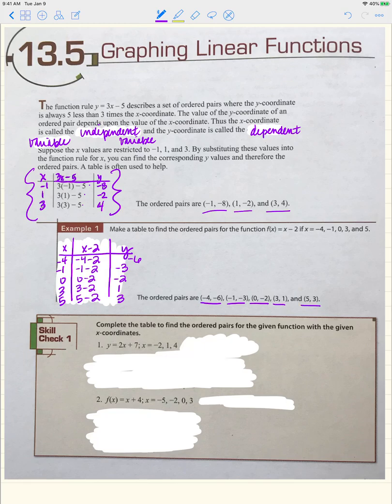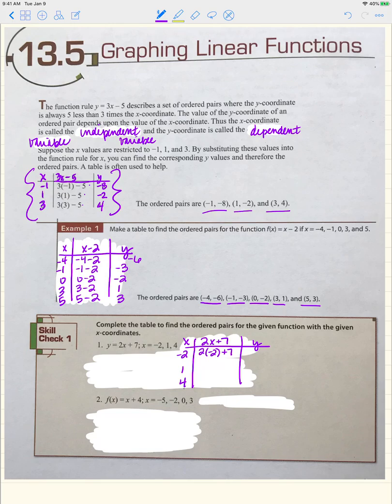Skill check number 1 says complete the table to find the ordered pairs for the given function with the given coordinates. Let's make a table with our x values, our rule in the middle, 2x plus 7, and then our output, or our y values, okay? And we have -2, 1, and 4 as our options for x. So substitute -2 for x.